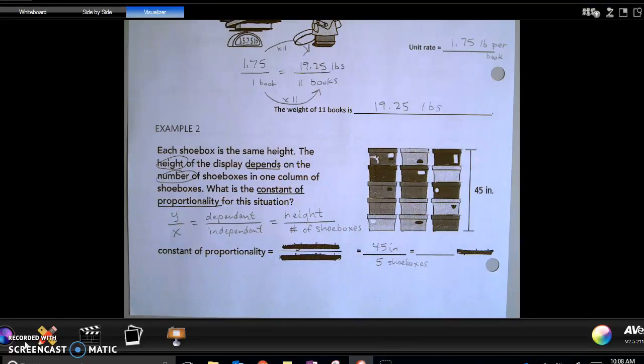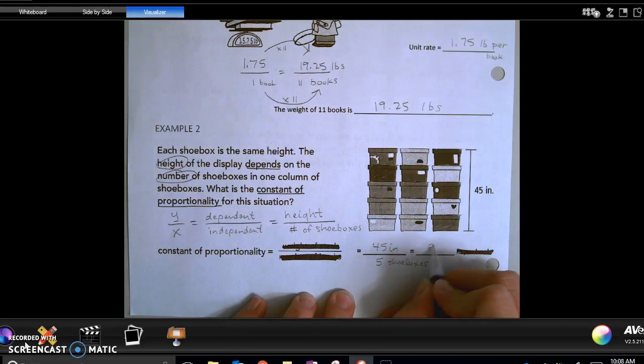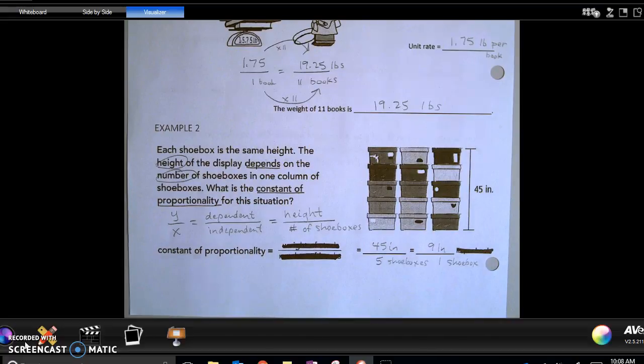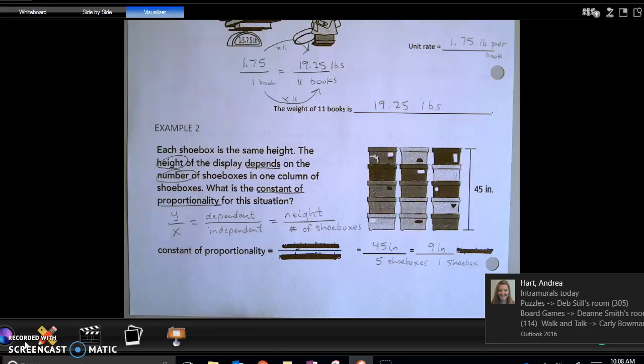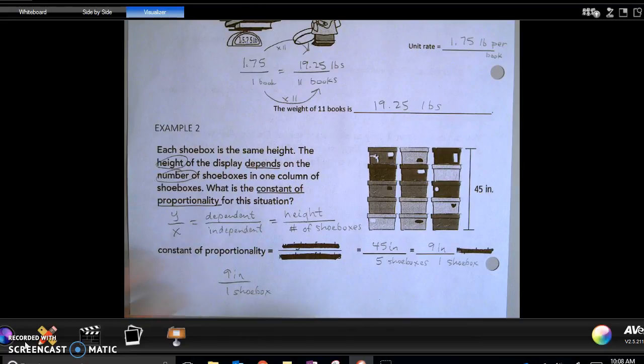So let's go ahead and reduce. 45 divided by 5 is 9. So that means that there are 9 inches in one shoebox. That gives me the height of my shoebox. So 9 inches to one shoebox is my constant of proportionality.